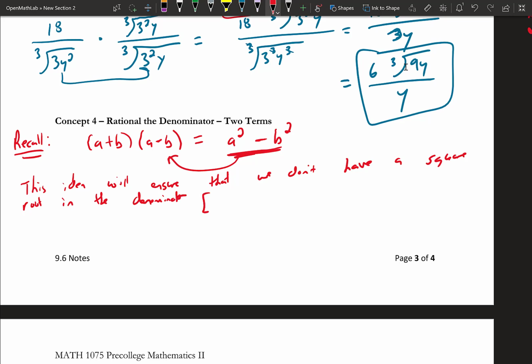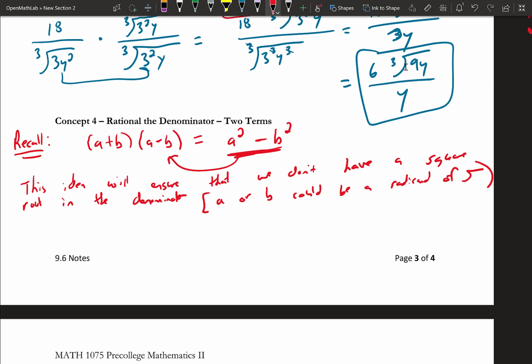And this is basically thinking that a or b could be a radicand of a square root, right? Now if it's a different index, that won't necessarily hold true, and you have to do things a little bit differently, but with square roots, this can be helpful, right?